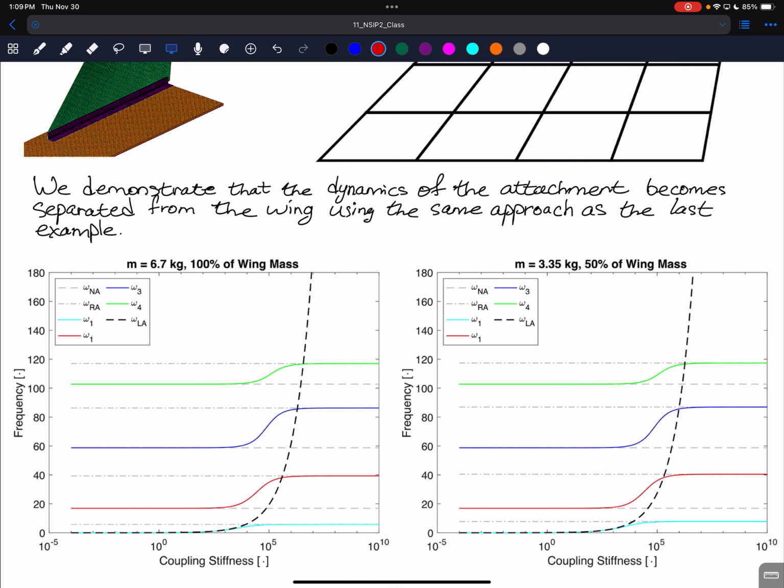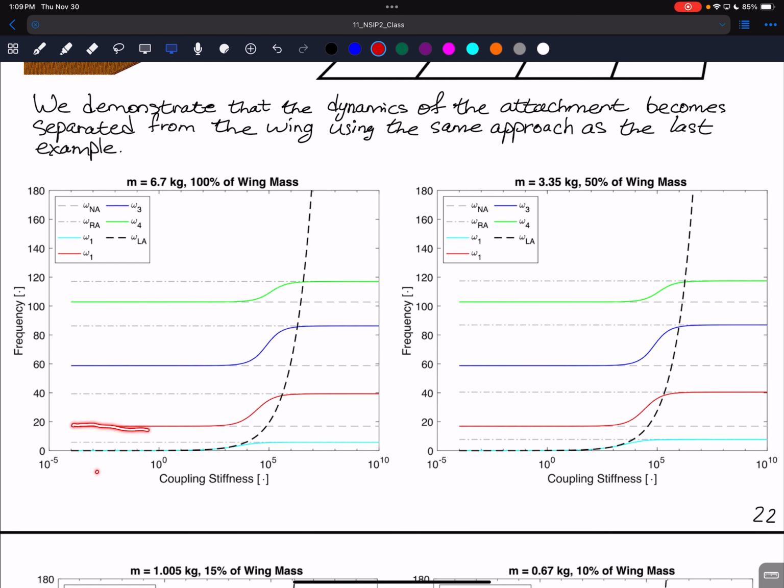And so you can see that as the coupling stiffness changes, we go from the frequency where there is no attachment. If I draw quickly, you'll see that this mode goes from the frequency where there is no attachment, then transitions up to the point where there's a rigid attachment, meaning that there's only a mass effect at that point.